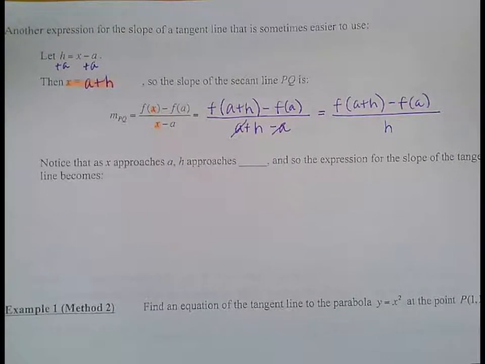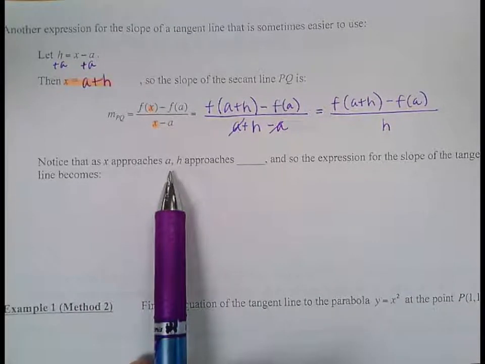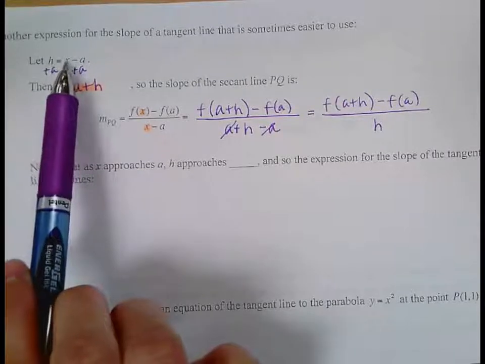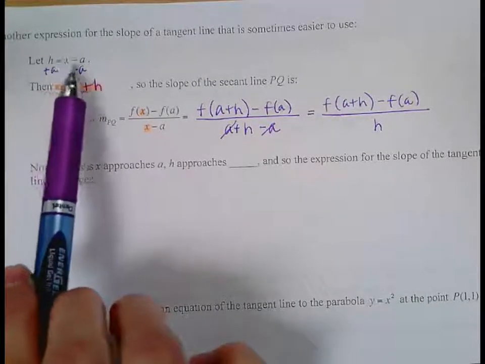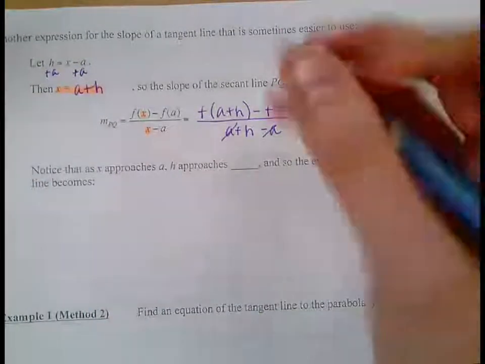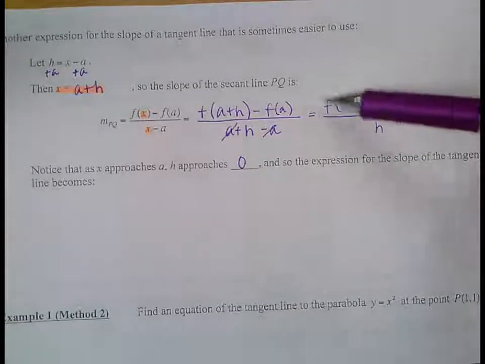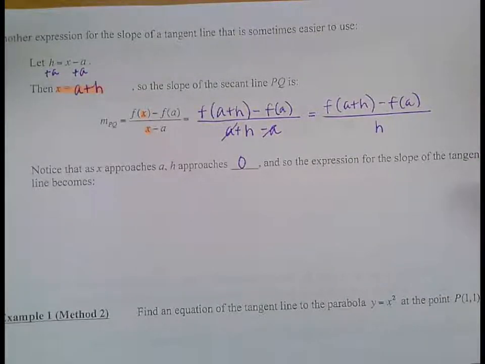Well, so this is just an alternative, yes. So now if x is approaching a, then if you look at how h is defined, if x approaches the number a, the difference between x and a gets smaller and smaller and smaller. That difference approaches 0. So h is going to approach 0. So this is just the slope of a secant line, and the slope of a tangent line is a limit.